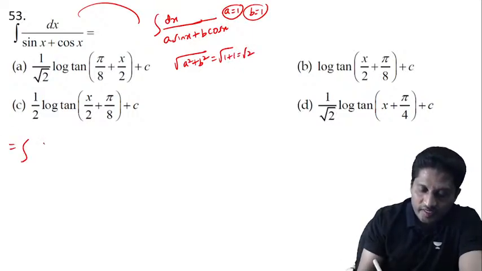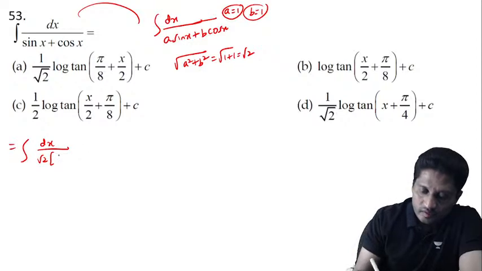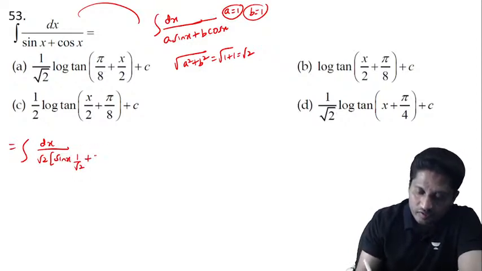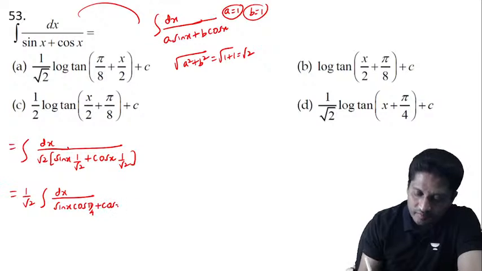I'm going to write dx divided by root 2 into a bracket: sin x into 1 by root 2 plus cos x into 1 by root 2. I'll multiply and divide by root 2. So this is 1 upon root 2 integration dx divided by sin x into cos pi by 4 plus cos x into sin pi by 4.